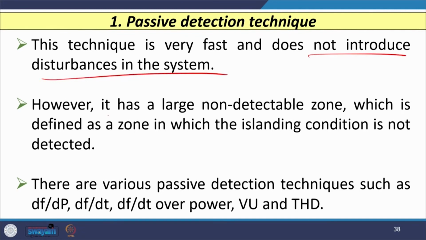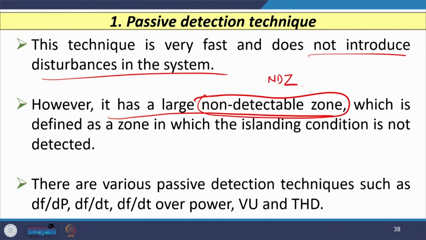However, the main disadvantage of this technique is that it has a large non-detection zone, which is sometimes also denoted as NDZ. So, what is the non-detection zone? The non-detection zone is defined as a zone in which the islanding condition is not detected at all by this passive islanding detection technique.